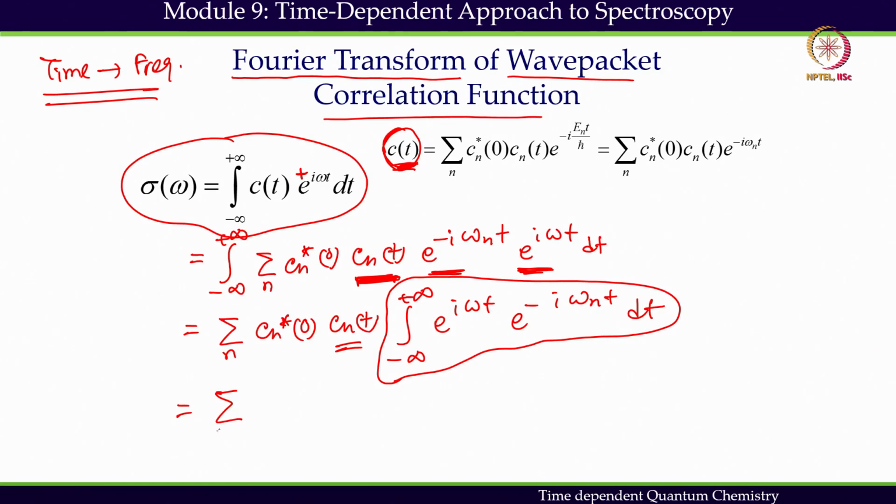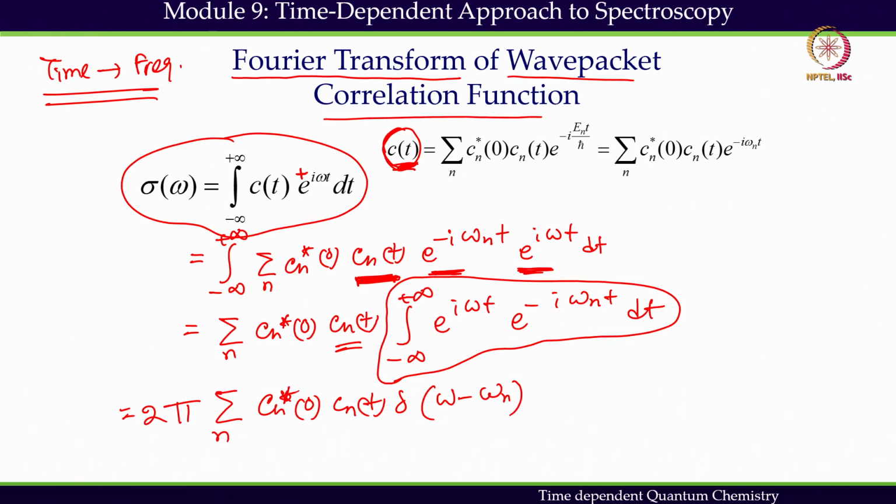This is nothing but the summation of Cn star 0, Cn t, and then delta of omega minus omega n, and there is a 2 pi term also. So we have 2 pi times this function.